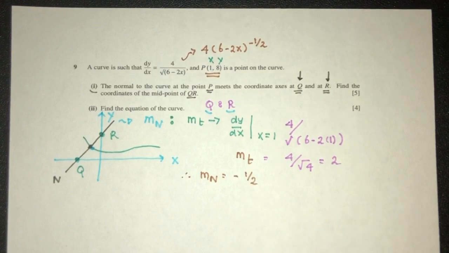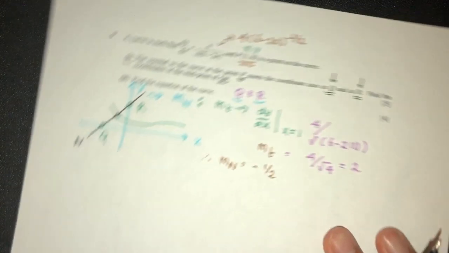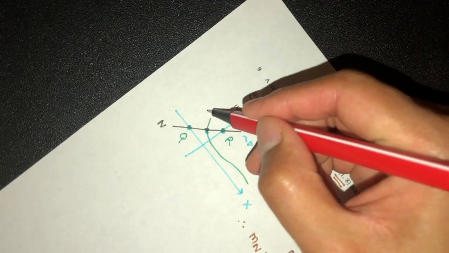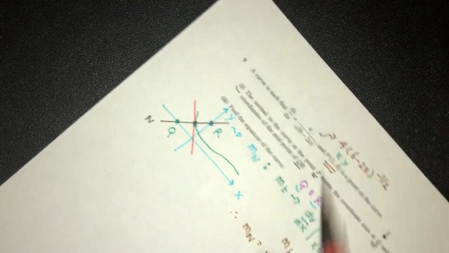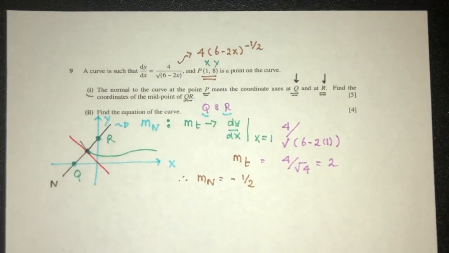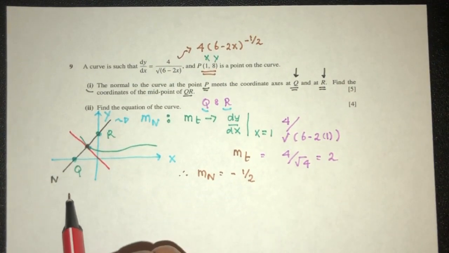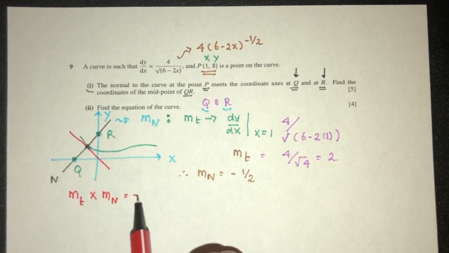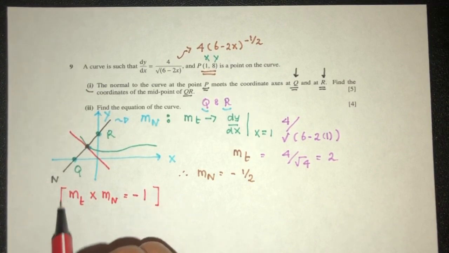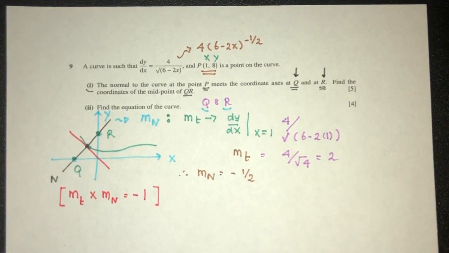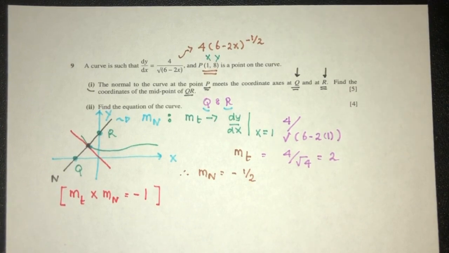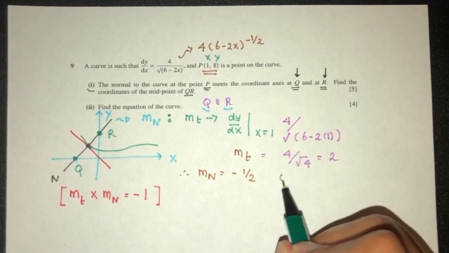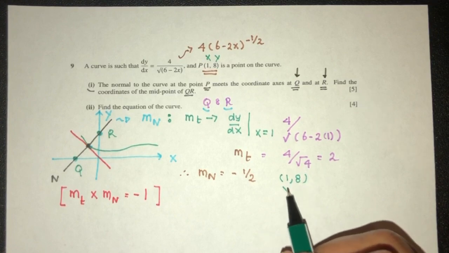The reason is that tangent and normal are at right angles to each other. Because of that, we can use the relationship that gradient of tangent multiplied by gradient of normal gives minus 1. So we were able to derive this value. Now from here, it's pretty easy. We know the passing point is (1, 8).